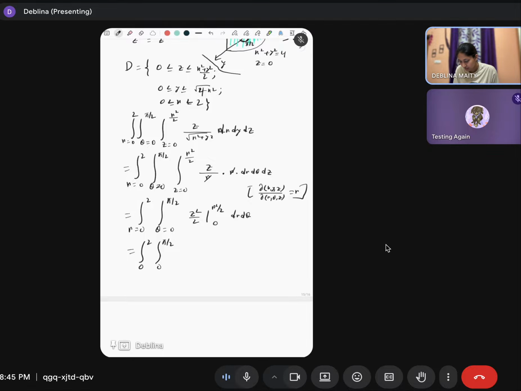So it will be r to the power 4 by 8 dr d theta, which is going to be 4 by 5 into pi by 2 d theta, which is 4 by 5 into pi by 2. So the value is 2 pi by 5.